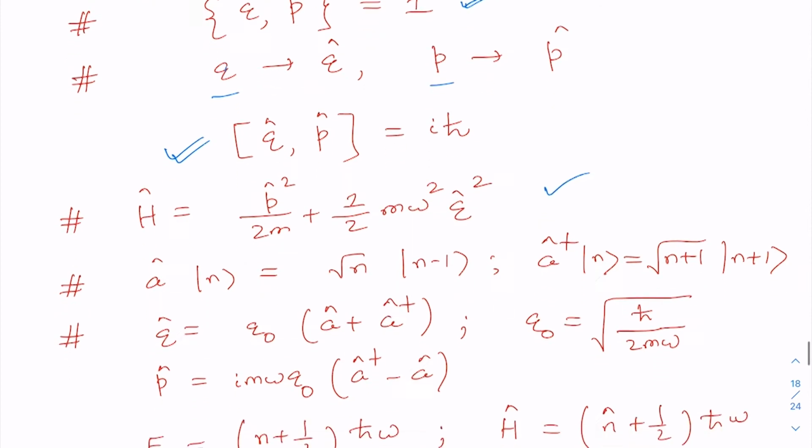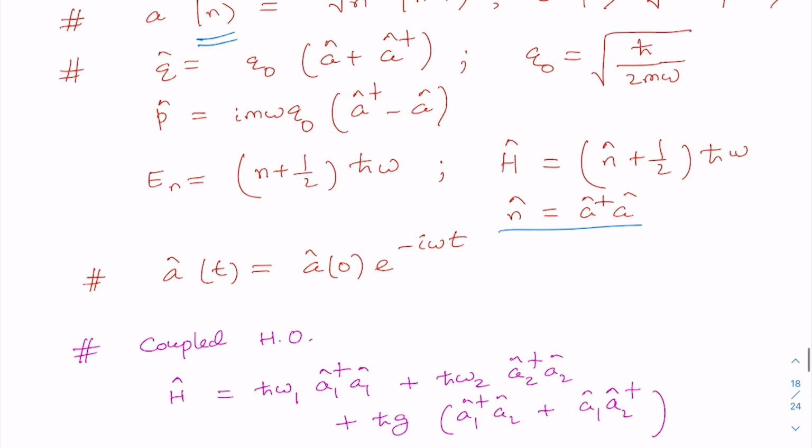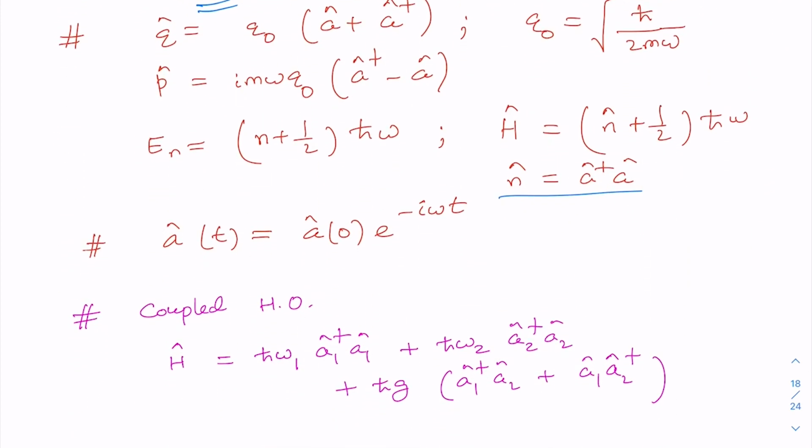In the context of the harmonic oscillator we defined the so-called annihilation and creation operators, and the number state. We also discussed coupled harmonic oscillators, how to write down two harmonic oscillators interacting with each other by some coupling coefficient, say kappa.